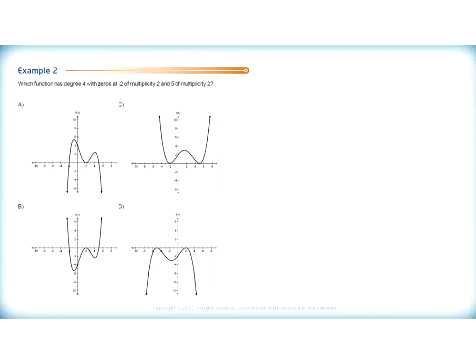In the next example, it says which function has degree 4? And you're told that the zeros are at negative 2 of multiplicity 2 and another 0 at 5 of multiplicity 2. So using the given information, if we have a polynomial function of degree 4, that tells us we're working with a quartic polynomial.